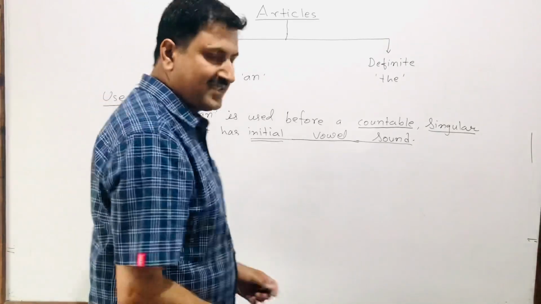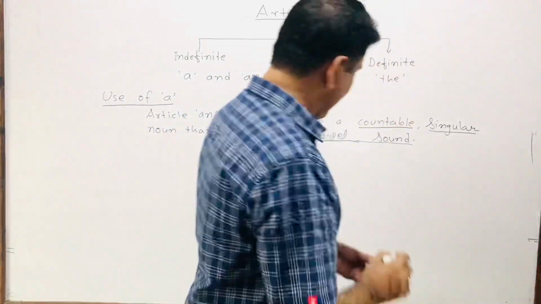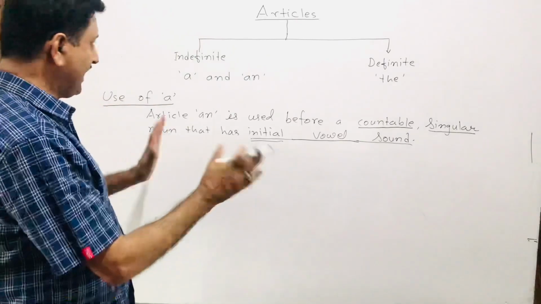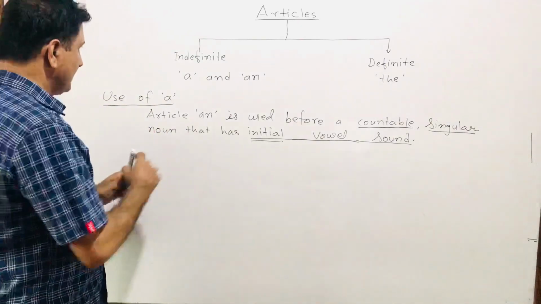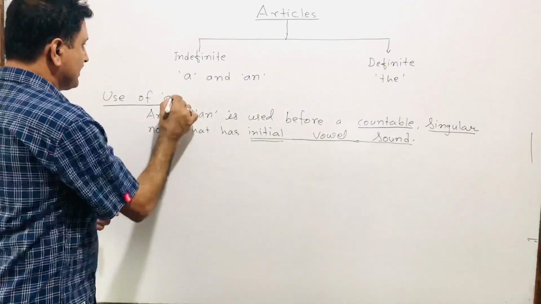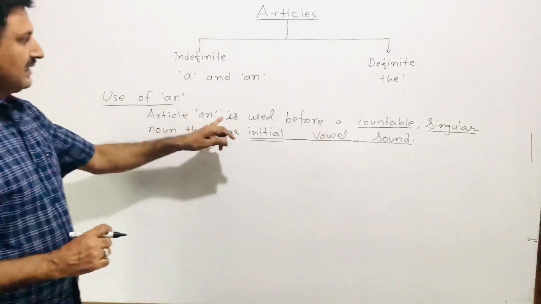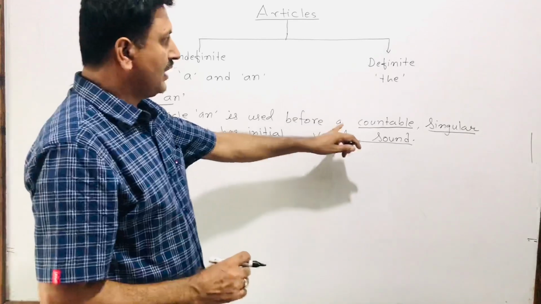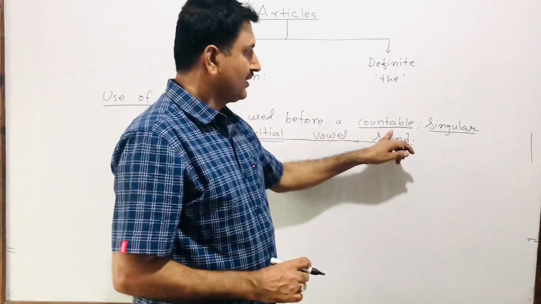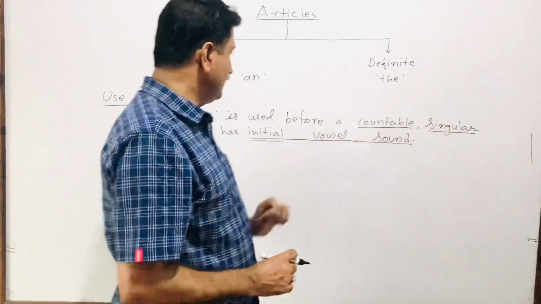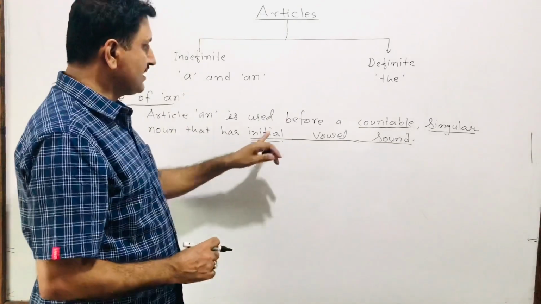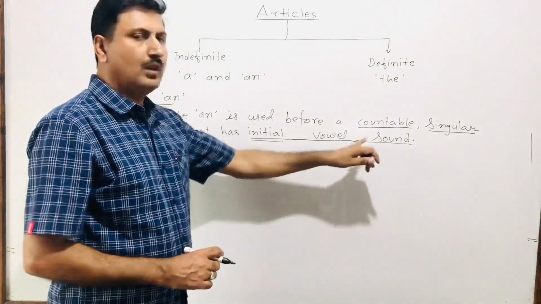So to make it easier, I have written only the things that do not match with the use of article A. Now we are talking about the use of article AN.